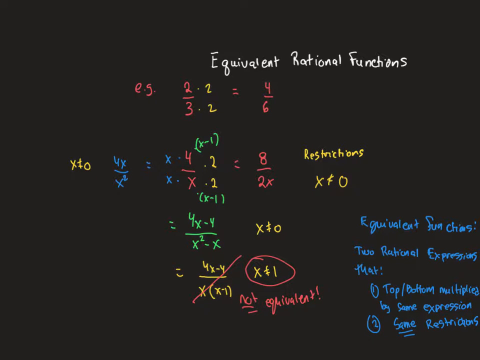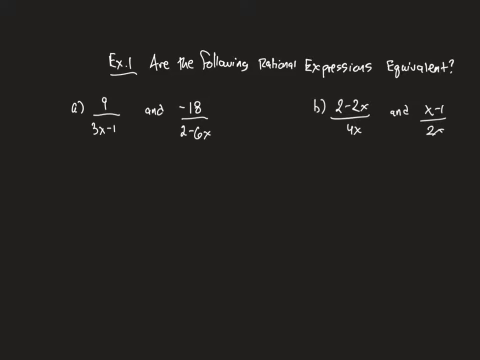So let's use this definition and see whether we can find out if things are equivalent. All right, so let's take a look at these. So I'm asking you, are they equivalent? So I have 9 over 3x minus 1 and negative 18 over 2 minus 6x. Now, clearly, I know that negative 18 is made when I multiply 9 by negative 2.